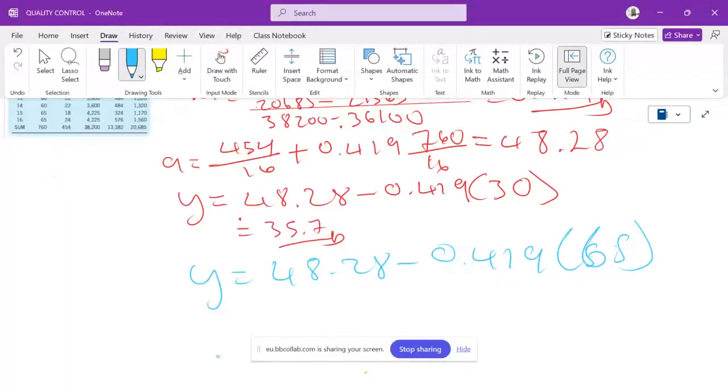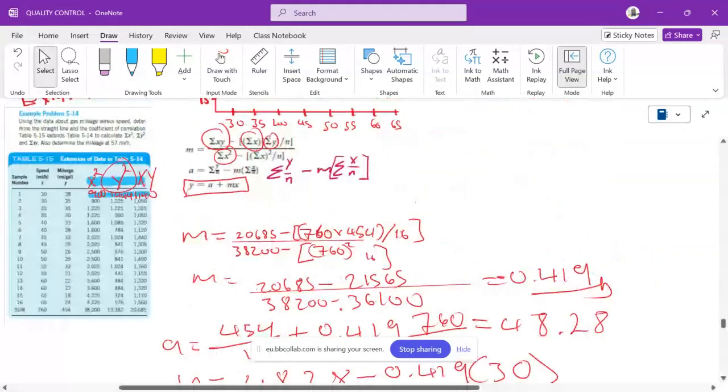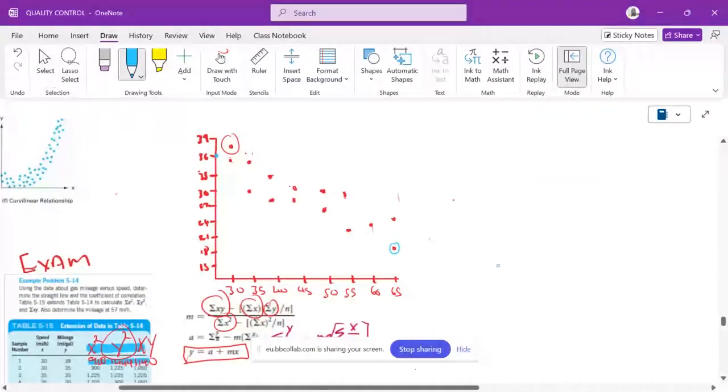You're getting around about y equals 21. So you go to your 21, around about there.